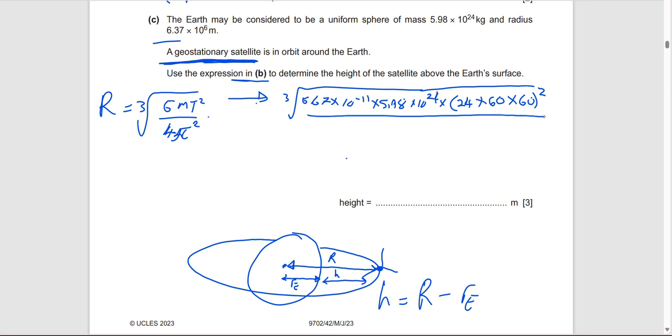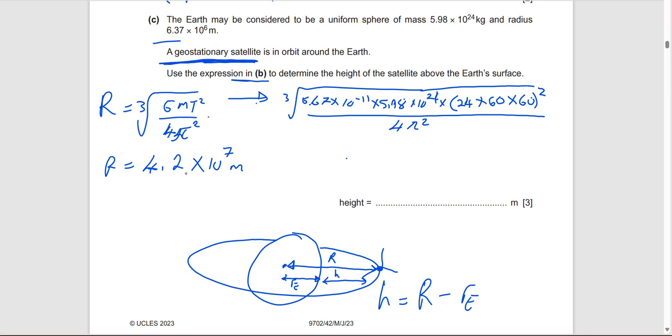Then all of this is over 4 pi squared. Right, then you just put that in your calculator. When you do that, you're going to get R is 4.2 by 10 to the 7 meters.